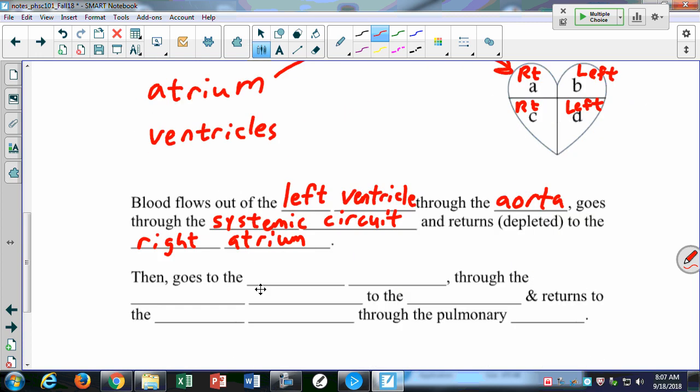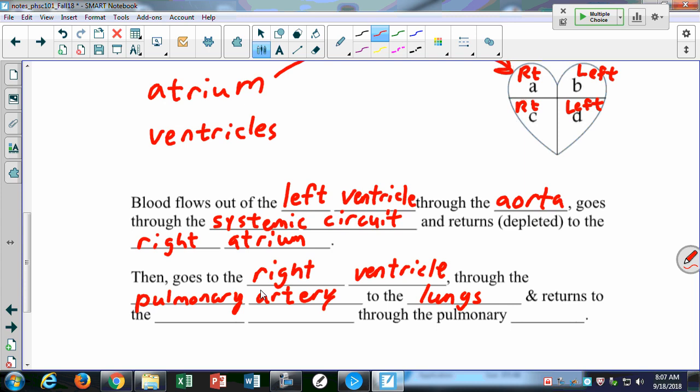Then it goes to the right ventricle, through the pulmonary artery. Pulmonary just means lungs, like a pulmonary doctor, that's a lung doctor. To the lungs, and then it returns to the left atrium through the pulmonary vein.